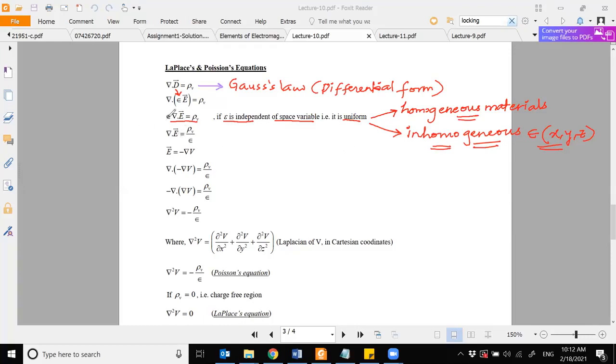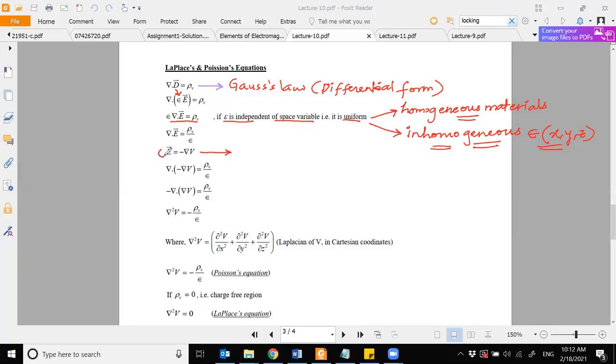So now epsilon goes to the denominator, and now I'm using the expression E is equal to minus del V, which is the relationship between electric field and potential.